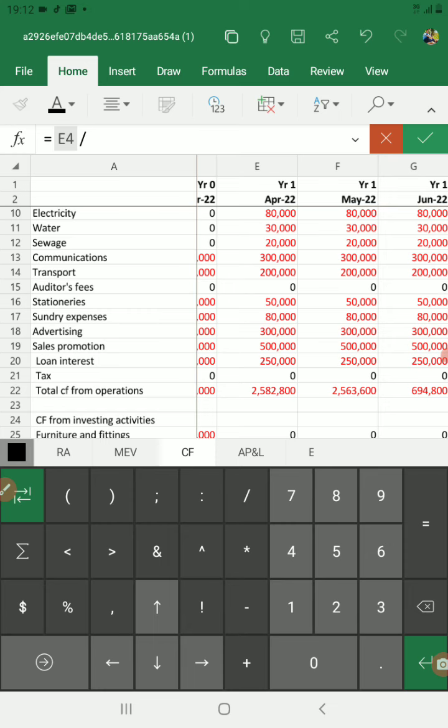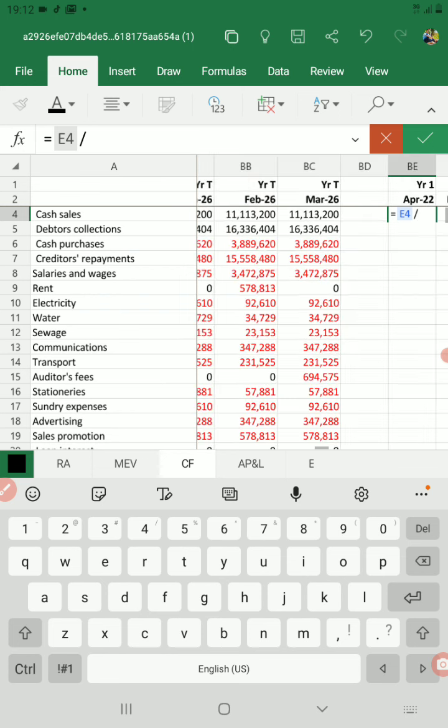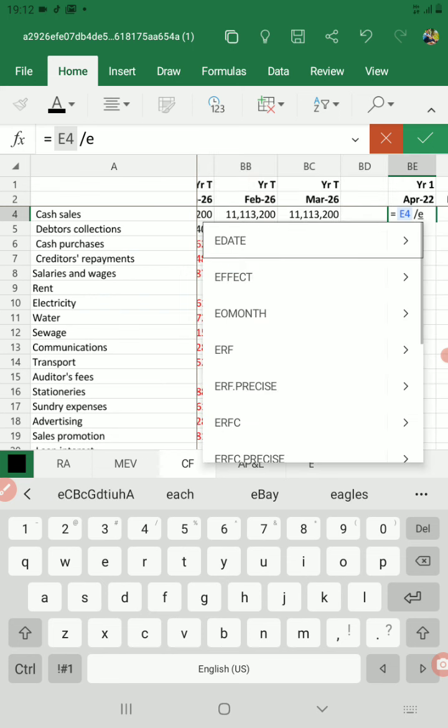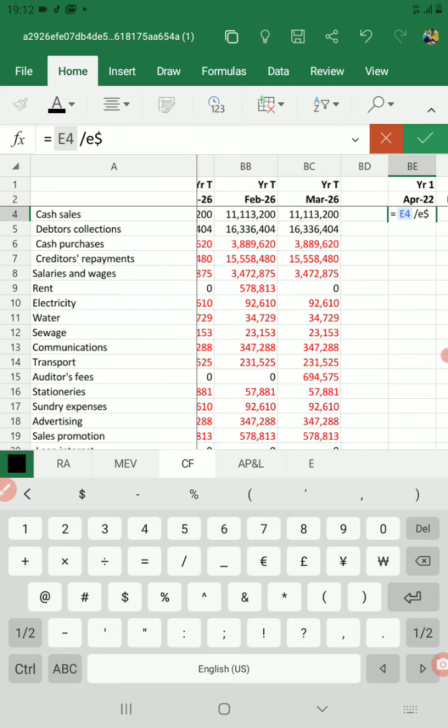The column E needs to be relative, and row 22 needs to be locked. So I start with divide by E, then put the $ sign and 22, so as to lock row 22.